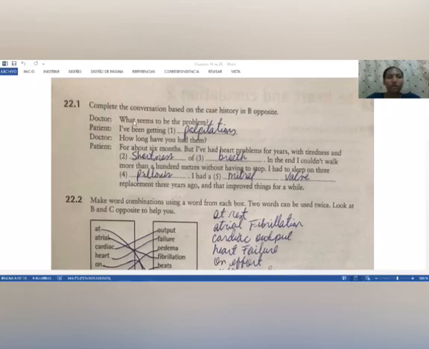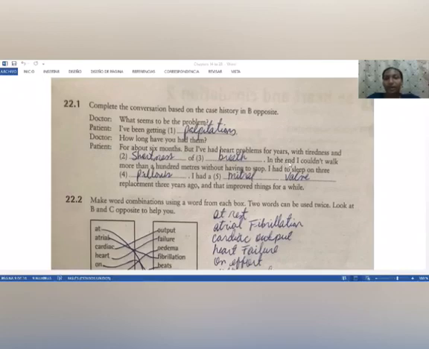Doctor, what seems to be the problem? Patient, I've been getting palpitations. Doctor, how long have you had them? Patient, about 6 months. But I've had heart problems for years with tiredness and shortness of breath.